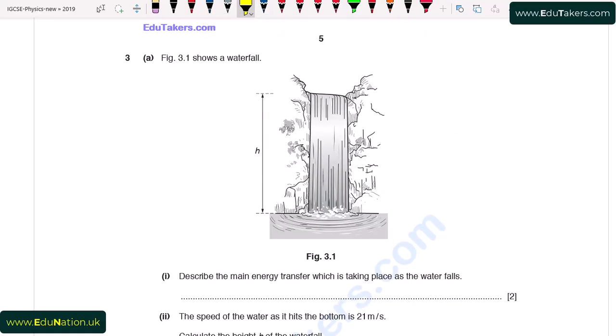Question number 3, part A. Figure 3.1 shows a waterfall. Here is the figure 3.1 and we can see that water is falling from height h. And we know that there are two kinds of energy, kinetic energy and the second one is potential energy.